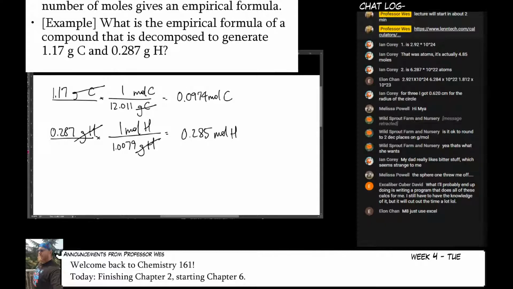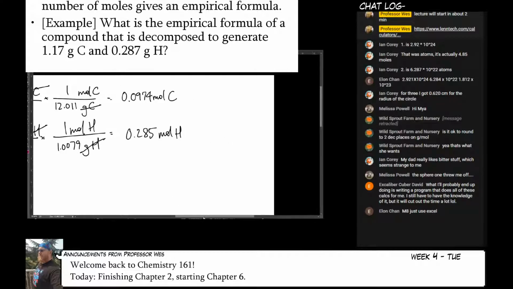Like, totally skipped a number in the middle there for some reason. There we go. All right. And so what this tells us is that we would have two piles, a pile of carbon that has 0.0974 moles, and a pile of hydrogen that has 0.285 moles. And so what I'm going to do is I'm going to just put these together and make a formula.